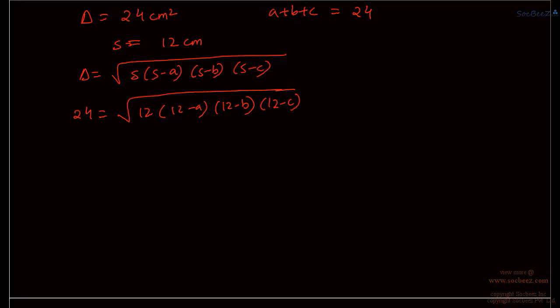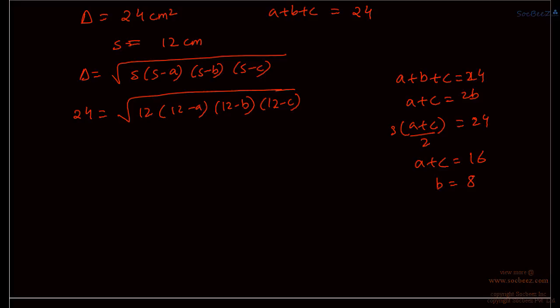We know that a plus b plus c is equal to 24, and that a plus c is equal to 2b, or b is nothing but a plus c by 2. So a plus c into this is equal to 24, right? So b must be 8 centimeters.